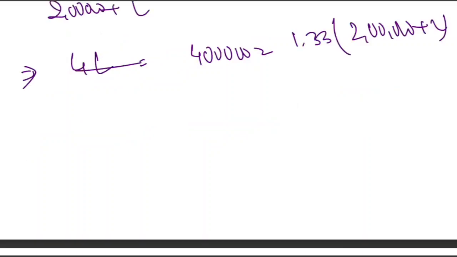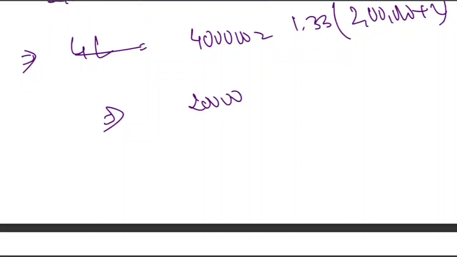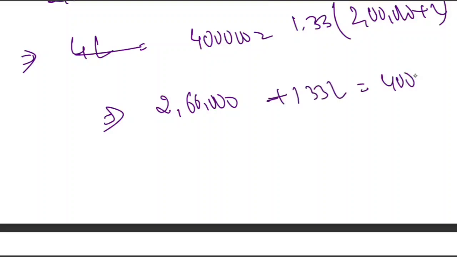If you simplify it further, that would give us 2,66,000 plus 1.33L is equal to 4 lakh.